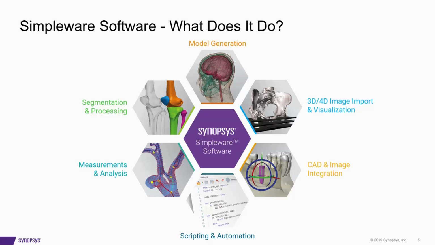You can also use the measurement tools, things like metrology and statistics tools, to inspect that data that you have available, and you can use that to influence your design. You can also integrate different modalities within the same project, so you can have CT and MRI as well as maybe a CAD model. And you can combine these and generate models and meshes for 3D printing or CAD or simulation, and that's what we're going to see here today.